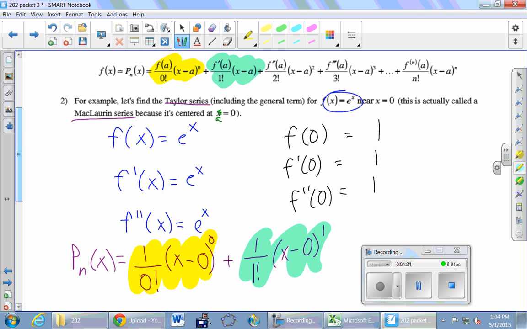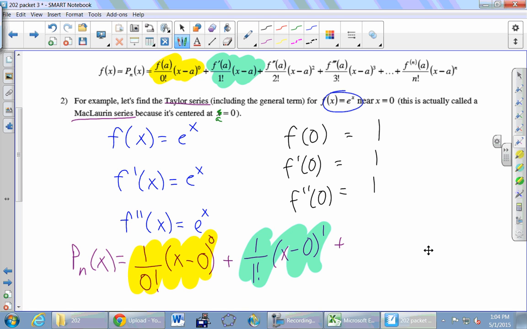Go ahead and write down the next 2 terms after this one. Okay, so 1 over 2 factorial x squared, 1 over 3 factorial x cubed.